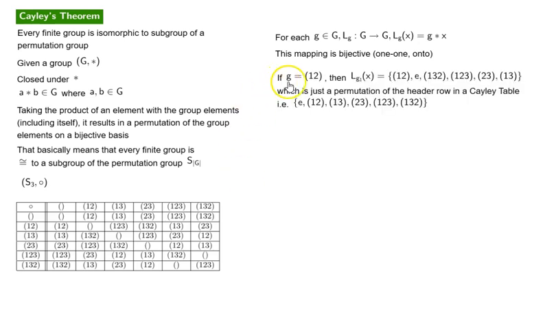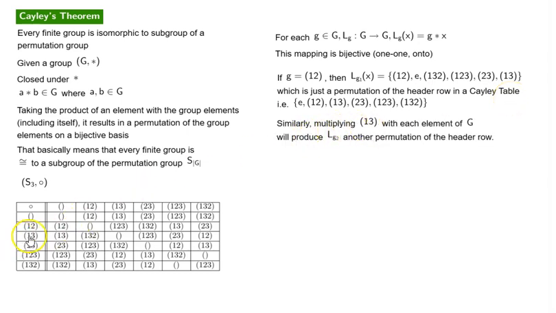For example, if we take g as permutation r2, then L sub r2 of x, that is, r2 times E is r2, r2 times r2 is E, and so on, which is just a permutation of the header row in a Cayley table.